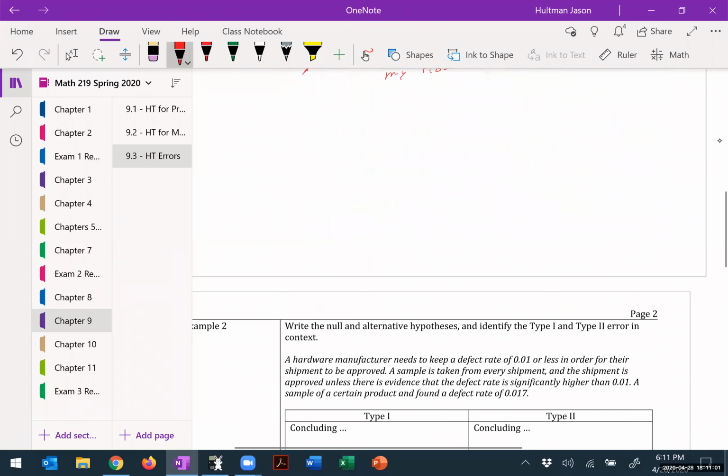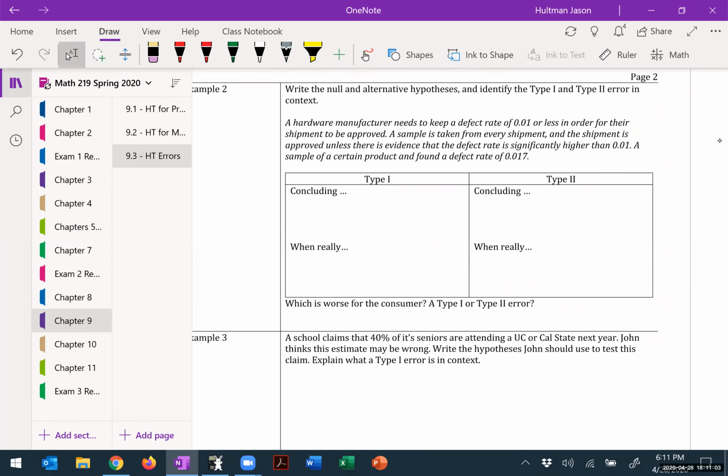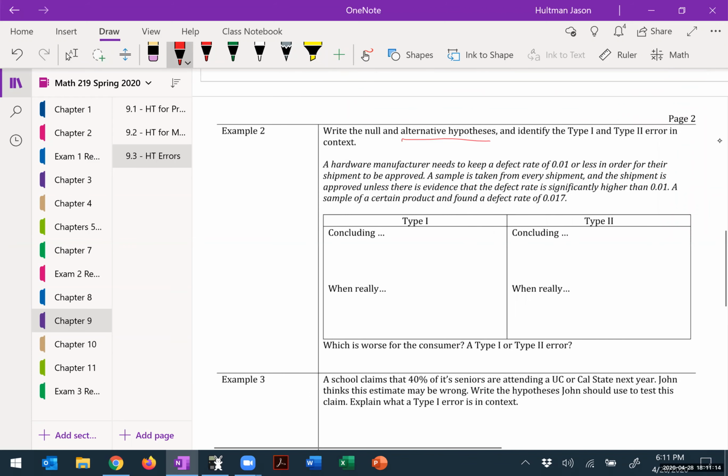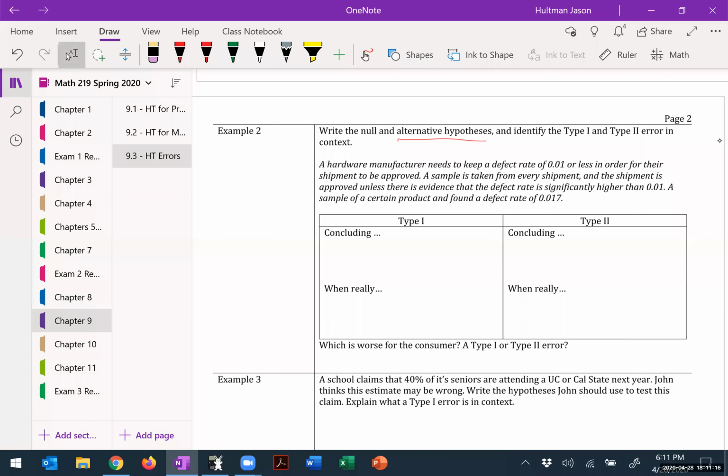Okay, let's see how this works out. It says write the null and alternative hypotheses, and identify the type 1 and type 2 error in context. So let's do another one of these. A hardware manufacturer needs to keep the defect rate at 0.01 or less in order for their shipment to be approved.